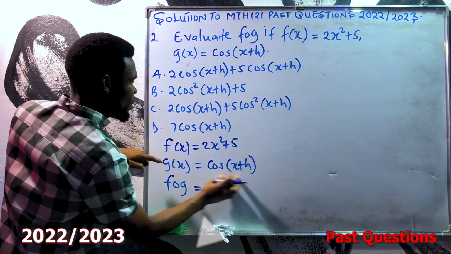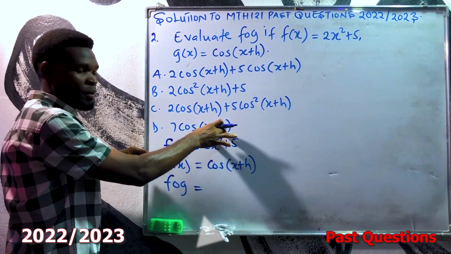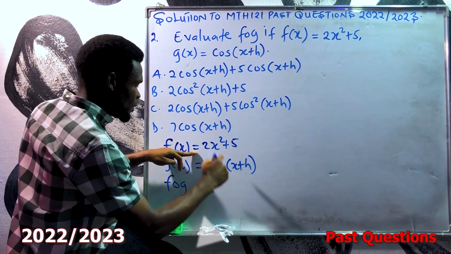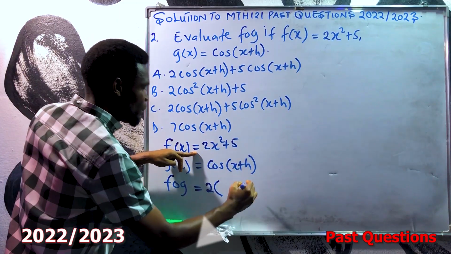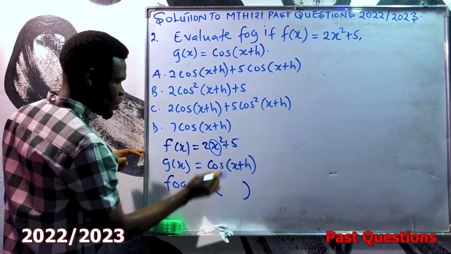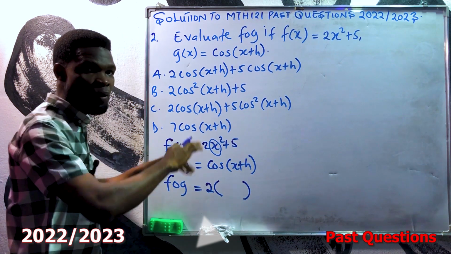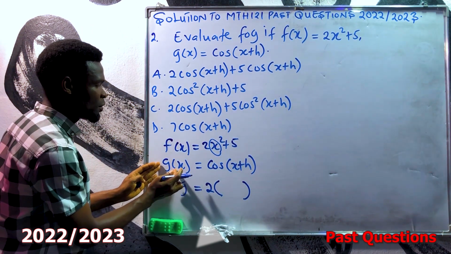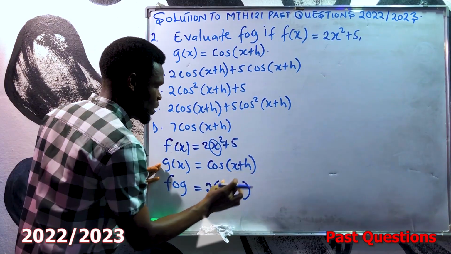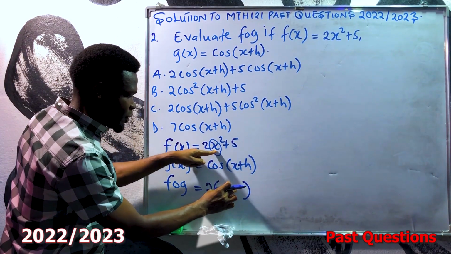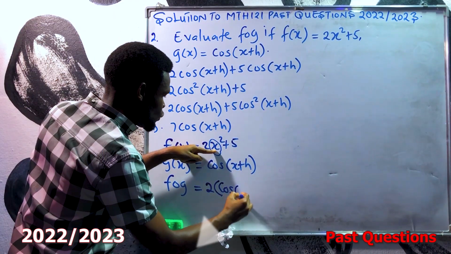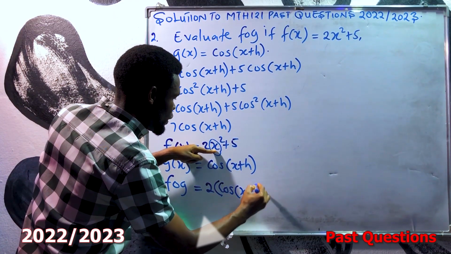Everything here will enter here. This x here, the x alone opens up and swallows everything in g. That is to say, I'll carry cos x plus h, put it inside this x. So I'll have cos x plus h.